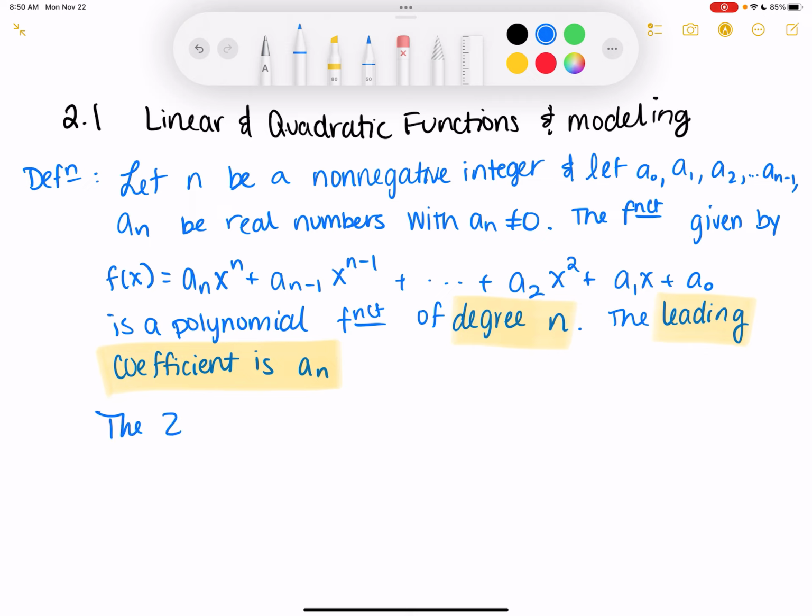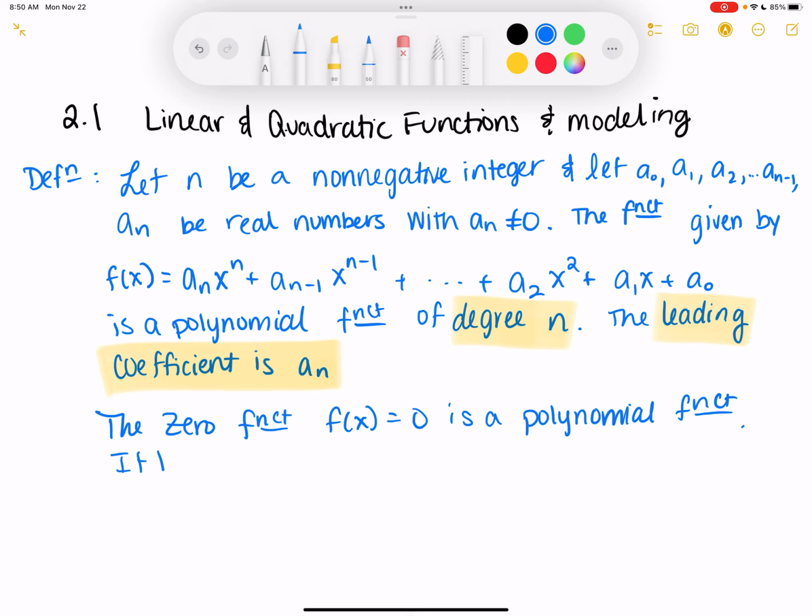Zero function: f of x is equal to 0 is a polynomial function. It has no degree and no leading coefficient.